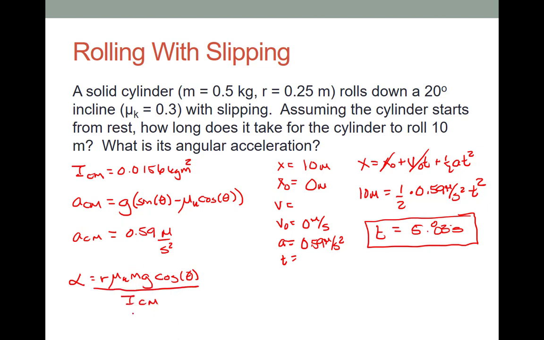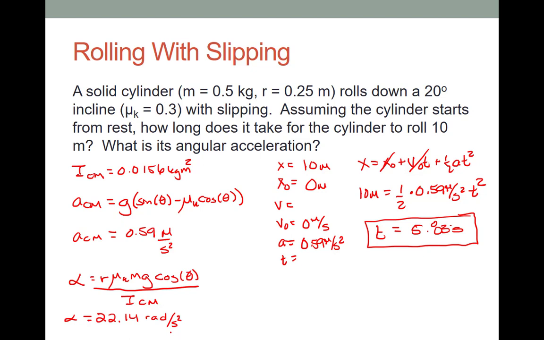Again, this formula was derived in the last part, and plugging in gives 0.25 times 0.3 times 0.5 times 9.8 times the cosine of 20, and we divide by the moment of inertia, 0.0156. That gives 22.14 radians per second squared.